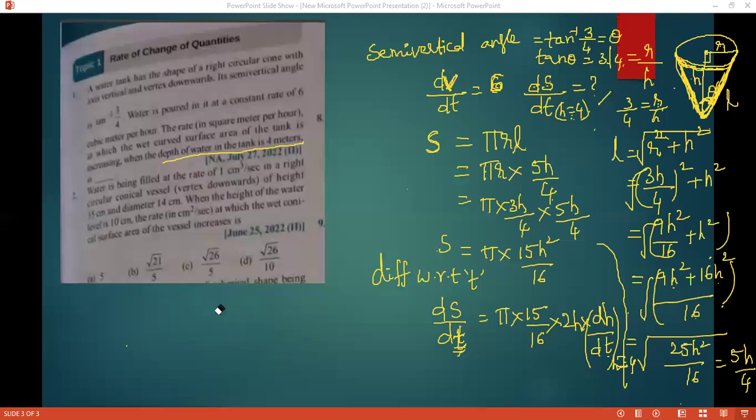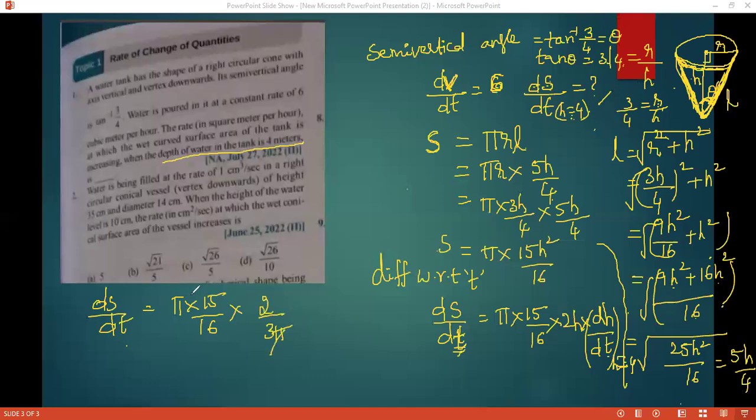So ds by dt at h is equal to 4, what do we get? 5 into 15 by 16 times 2 by 3 pi, that is dh by dt. Not 2 pi by 3, it is 2 by 3 pi.